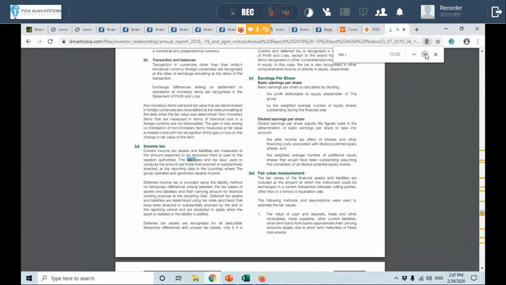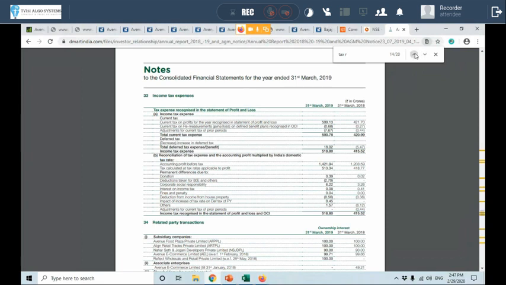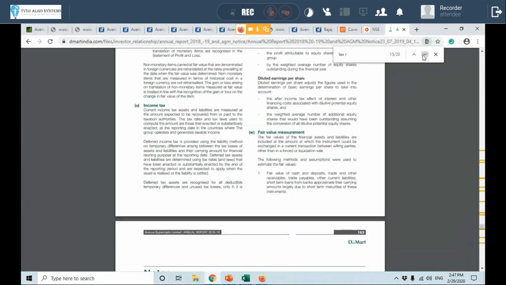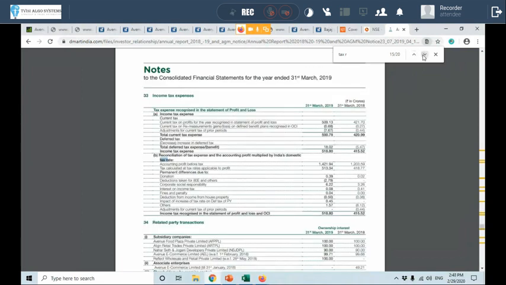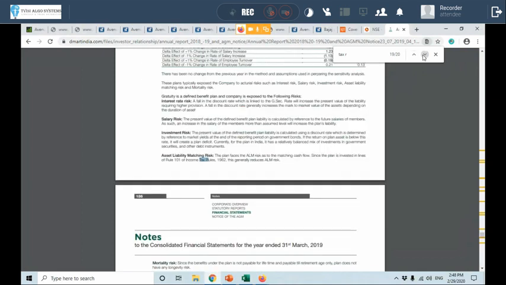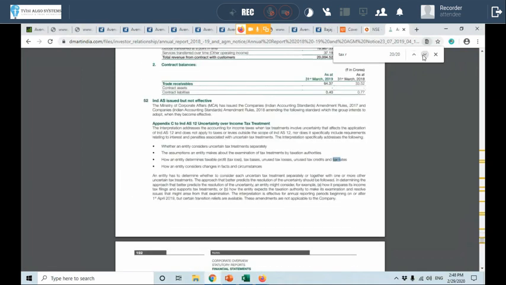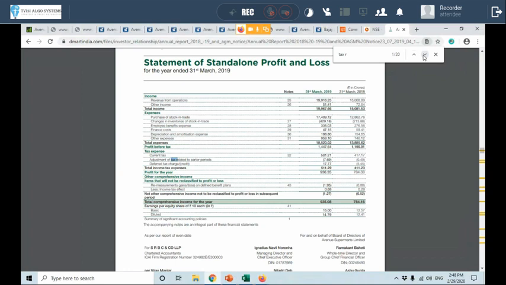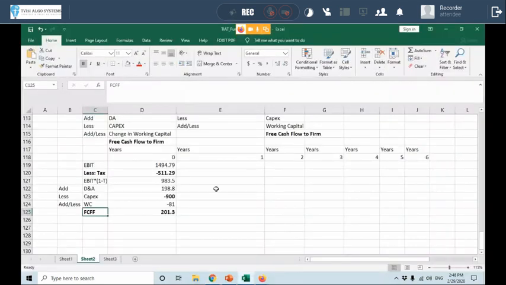Because the US companies, they give properly that the corporate tax rate in the US is 25%, but the taxes they pay are different. But here, it's not there. But why are they having a 34% tax rate annually? See, it depends. I don't know what exactly is the case. We need to ask management why the taxes are so high.